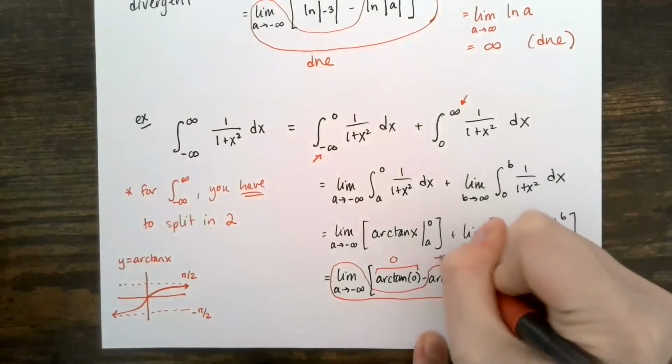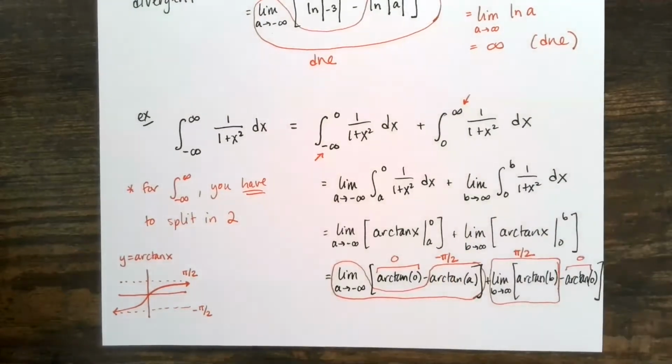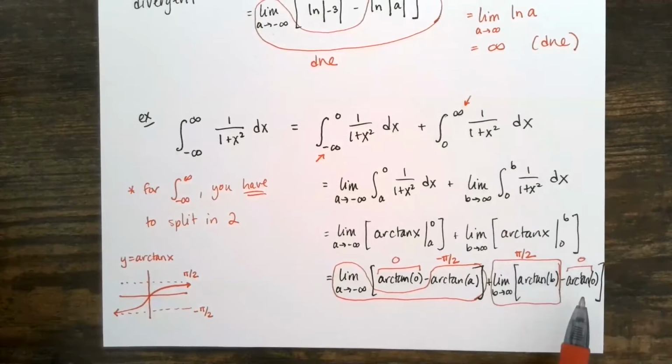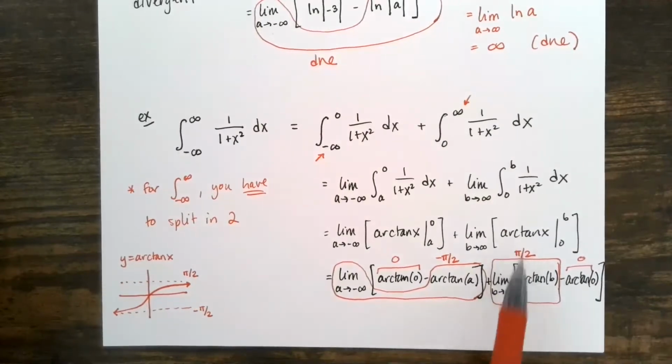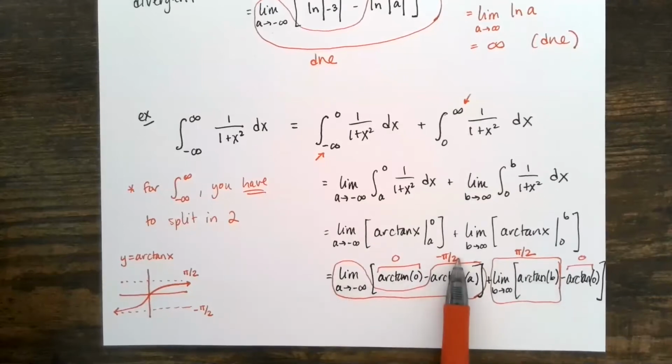This limit is negative pi over 2. If you really, really hate this, you can take away some of these facts here and jump straight to the values if you run into this again. So what we just learned was that the arctan of 0 is 0. The limit of arctan in the infinity direction is pi over 2, and in the other direction is negative pi over 2.